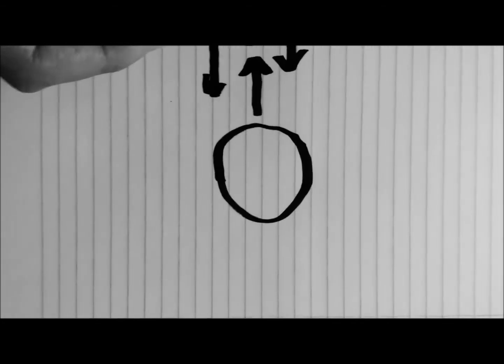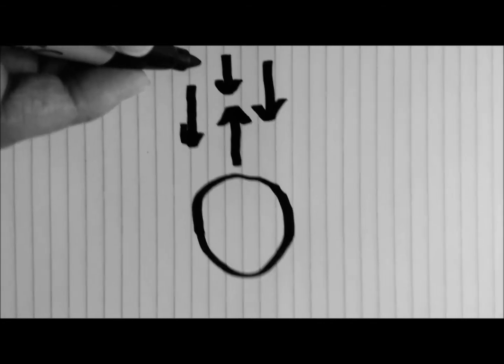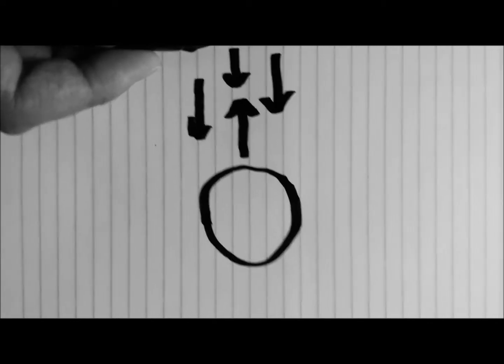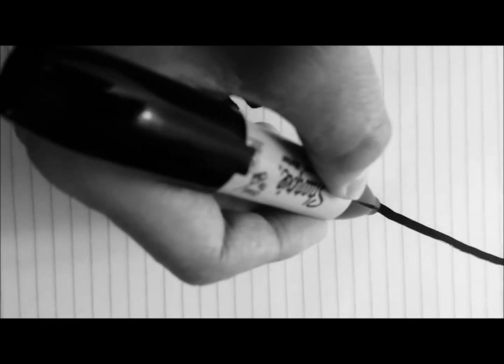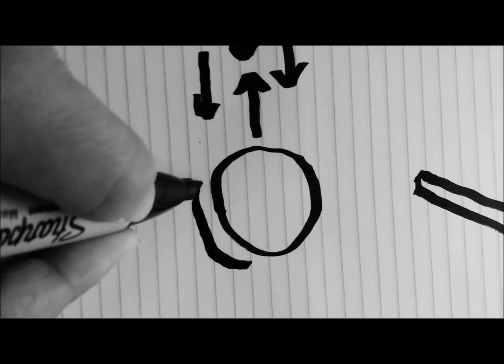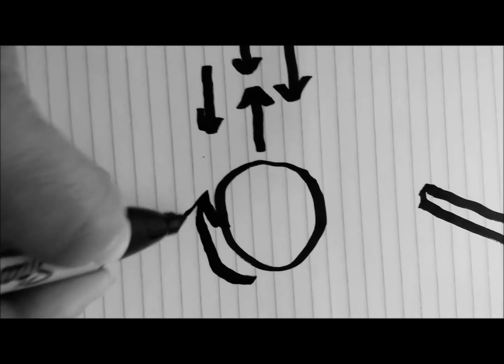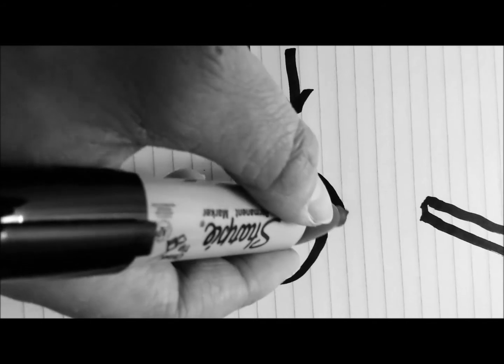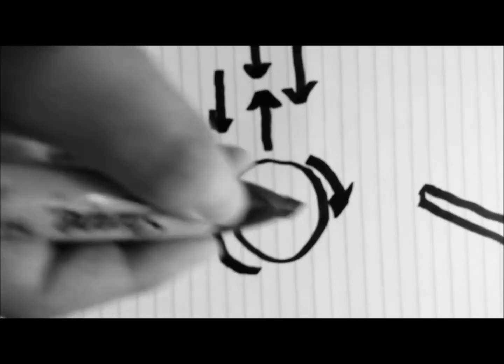Now, since the cylinder was rolling off the incline, it will have a spin going this way as it falls.